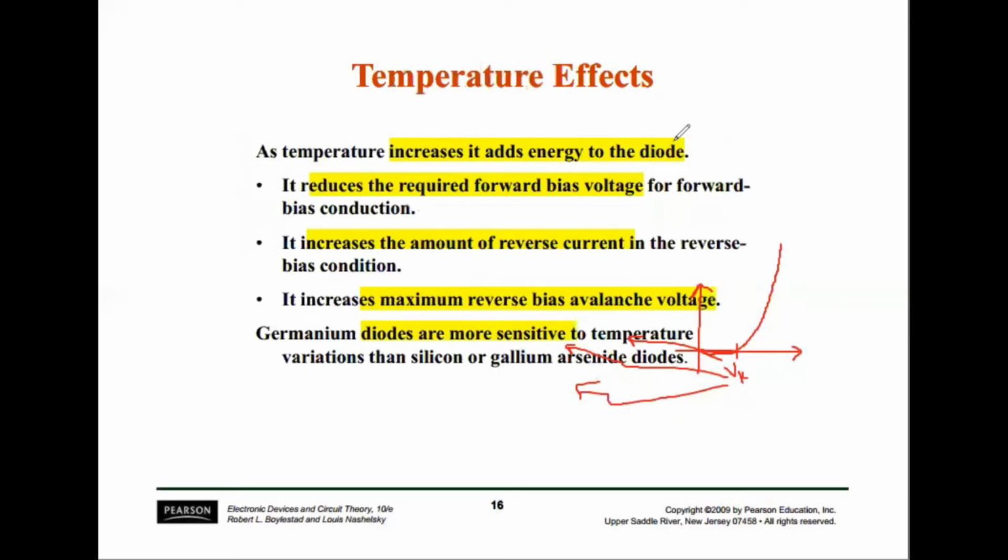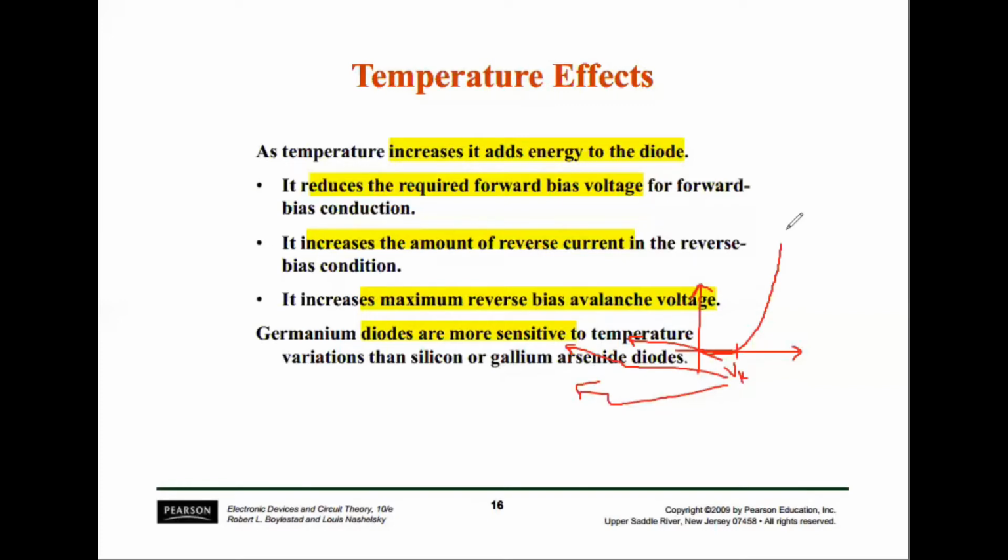Temperature effects. As this is a semiconductor device, at higher temperature the forward bias voltage will be reduced. Let's say you have 40 degrees centigrade and you are applying 0.3 volts to a germanium diode, so it will be conducting after 0.3 volts.